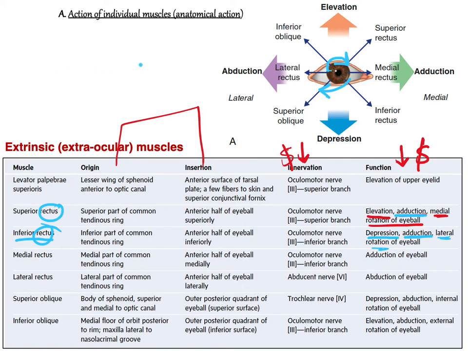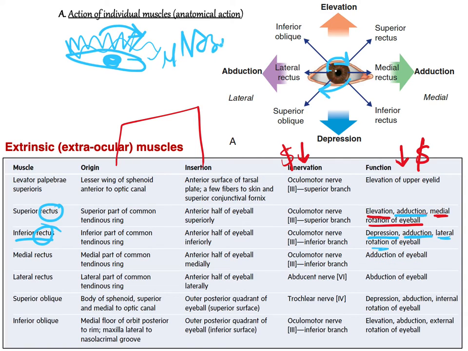This is an easy way to remember. This is the eye. So the superior muscles move the eye medially, right? If this is your nose here, right? And the inferior muscles rotate the eyeball on itself laterally.